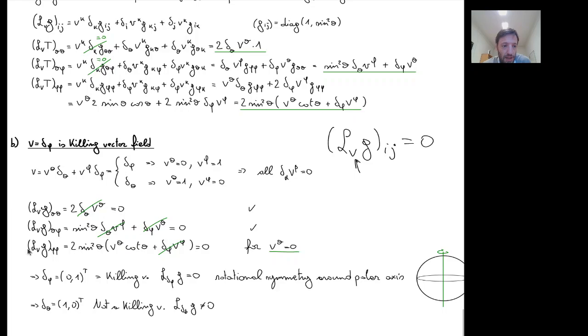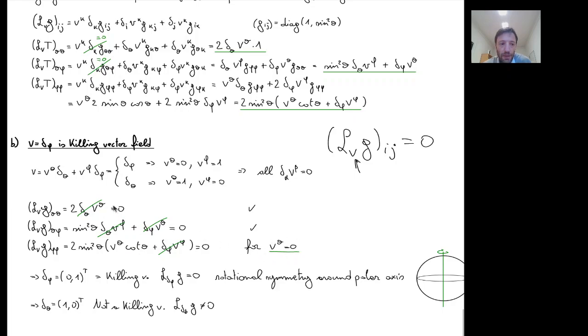Let's look at the last one, which is a little bit more complicated, because we have two terms, one of which is the derivative of our vector field, which is equal to 0, but we are left with this term. Therefore, to have this guy equal to 0 for any theta, we need this coefficient of our vector field to be 0.